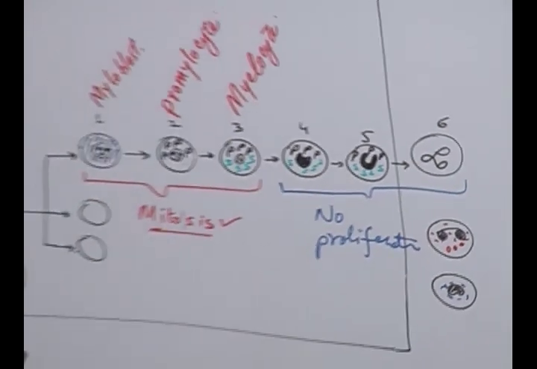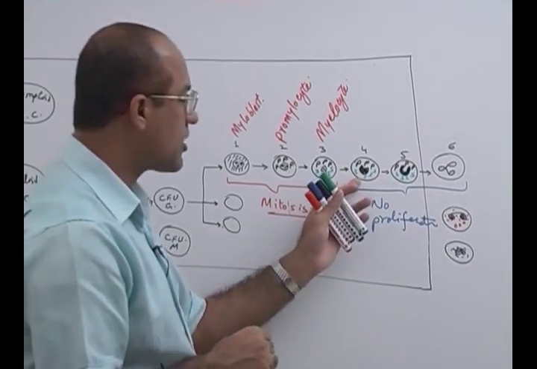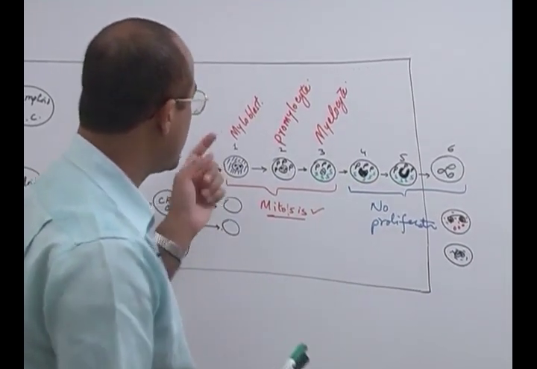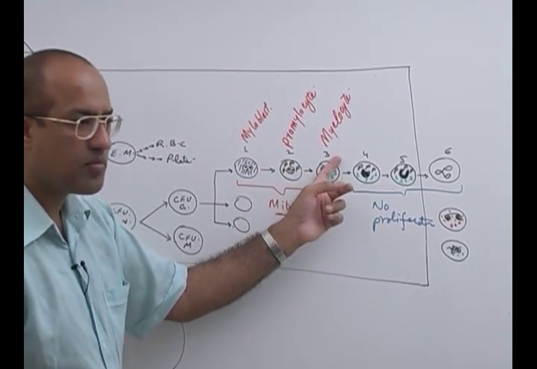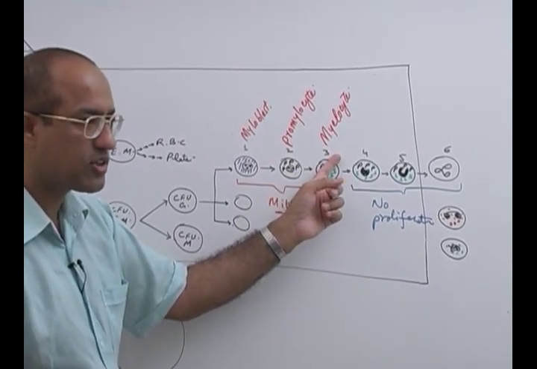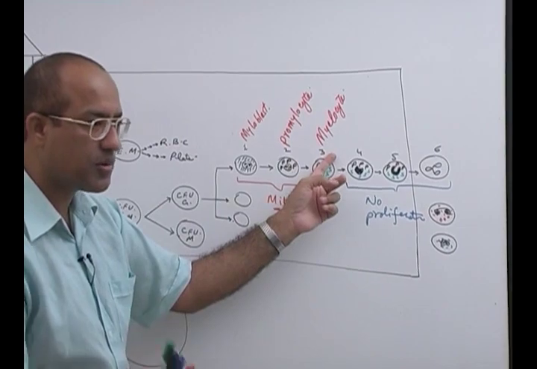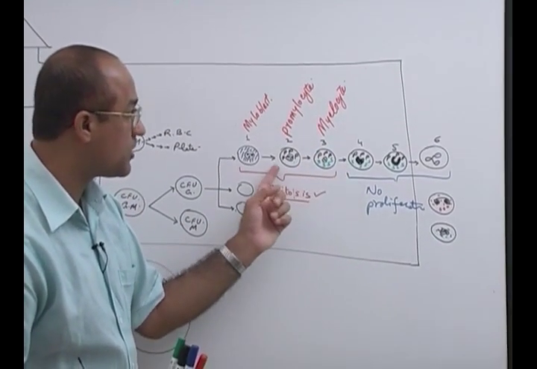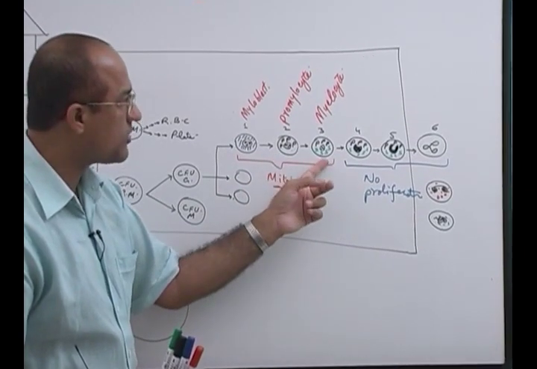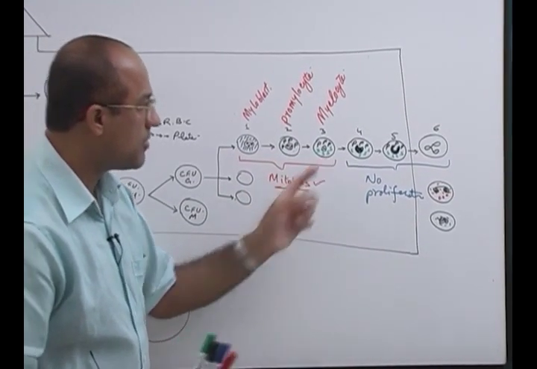Is that right? And what is this stage called? Who will tell me? Myeloblast is the first one, then promyelocyte, then myelocyte. Remember, the first three stages can multiply. After that, there is simple maturation. Non-specific granules appear in the promyelocyte, and specific granules appear in the myelocyte.